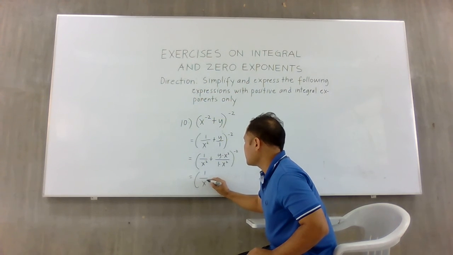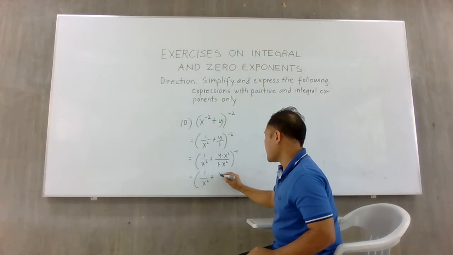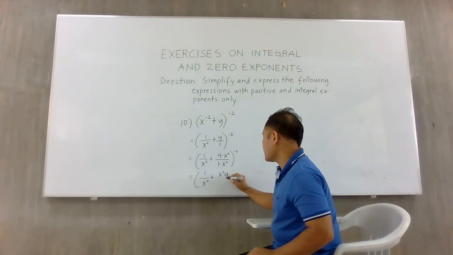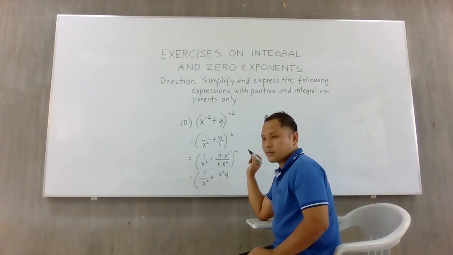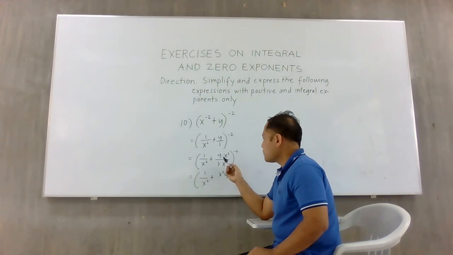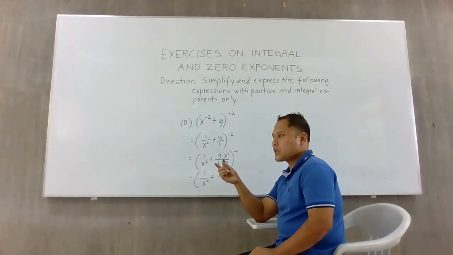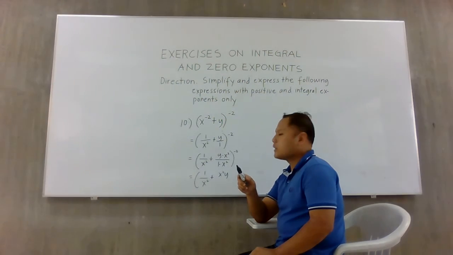So we have 1 plus x squared y. Why not y times x squared? Usually in multiplying algebraic expressions, the letters in the product must be in alphabetical order.